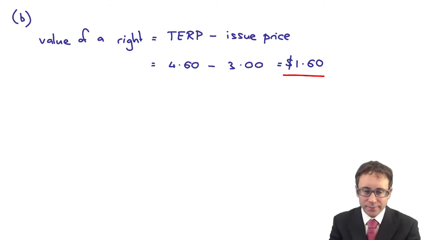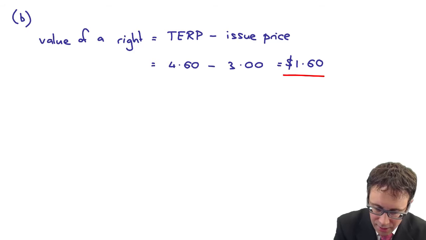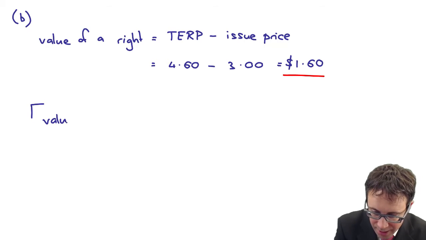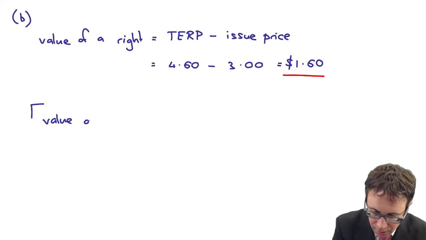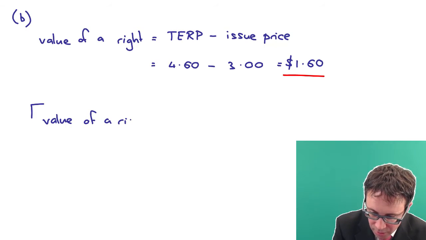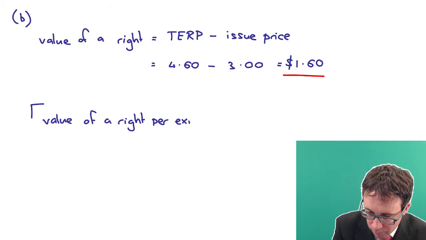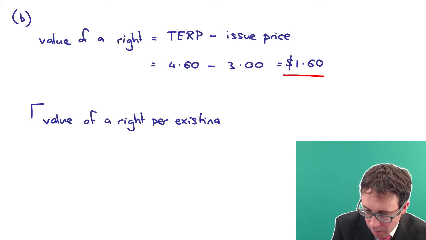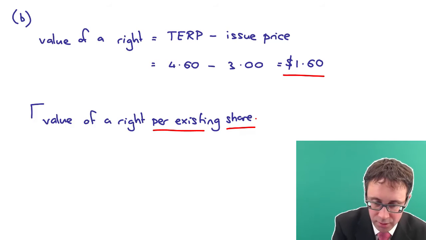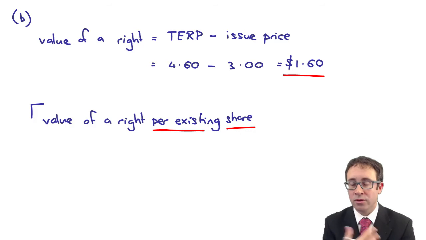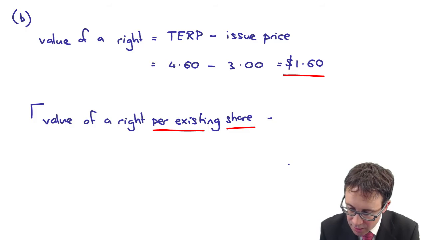Just be careful, that's the answer to the question. Just a little aside: if you had to work out, and again this could be an objective test multiple choice question, the value of a right per existing share, so make sure that you read the question. Does it want the value of a right or the value of a right per existing share?